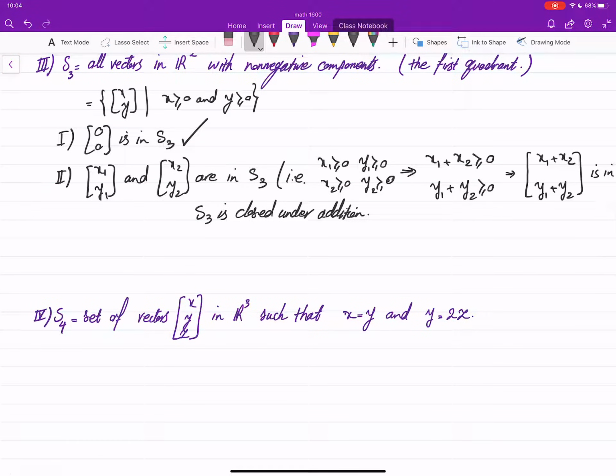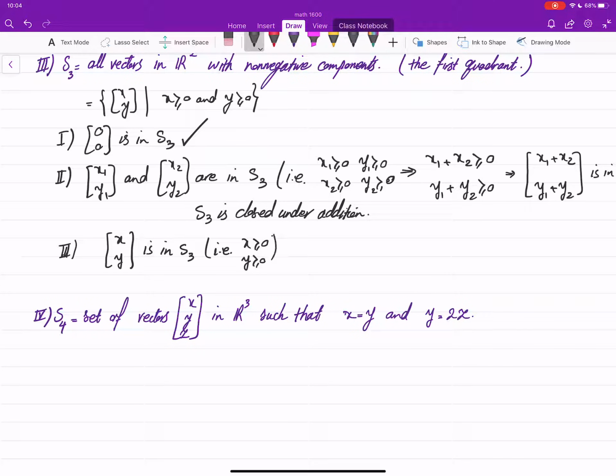How about the third one? Okay, third, is it closed under the scalar multiplication? Well, for example, if you take a vector from this S3, it means that x and y are positive or 0.